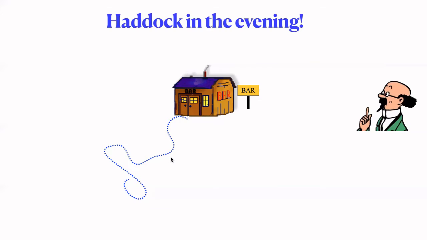And the interesting thing is that he is so drunk that he has absolutely no sense of direction. And therefore, a mathematician would say that each step that he takes is in a direction that is independent of the direction of the previous step.